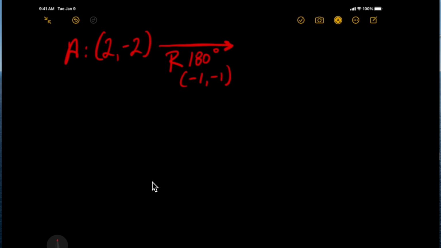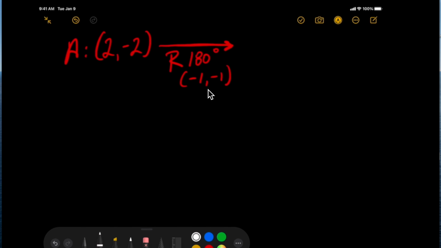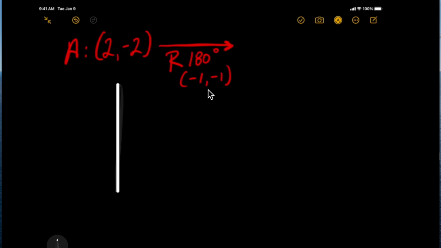In this next example, let's rotate point A, which has the coordinates 2, -2, 180 degrees about the point -1, -1. So if we go ahead and we plot point A, it is going to start out in quadrant number 4.